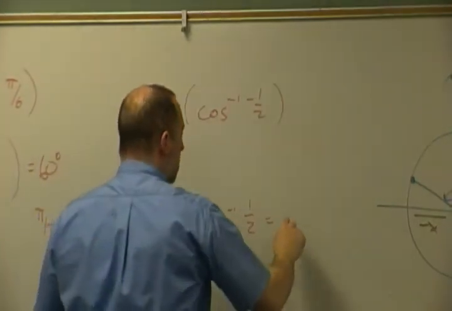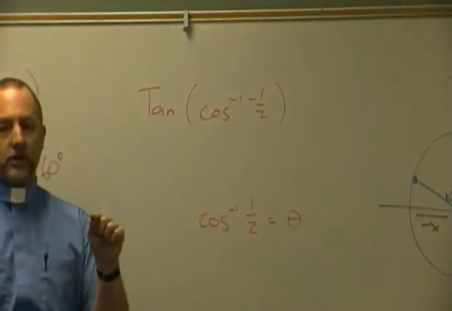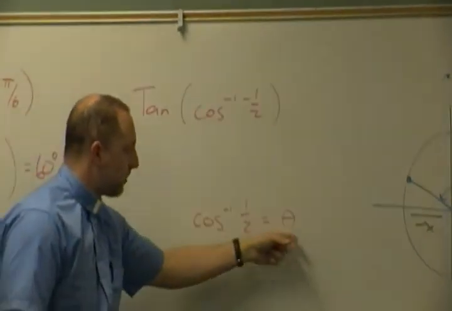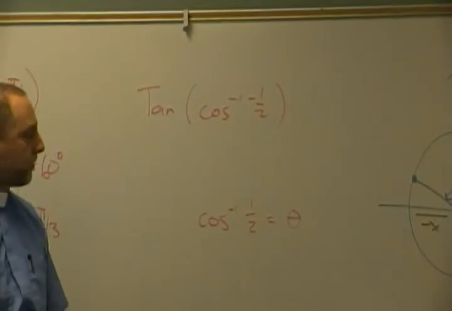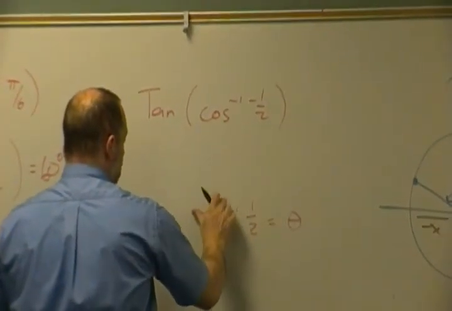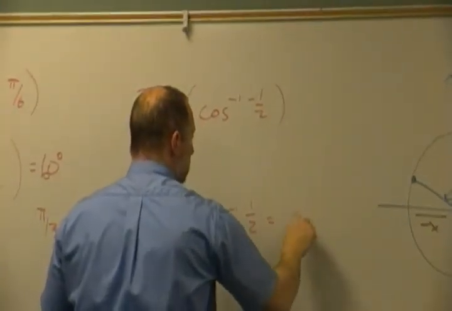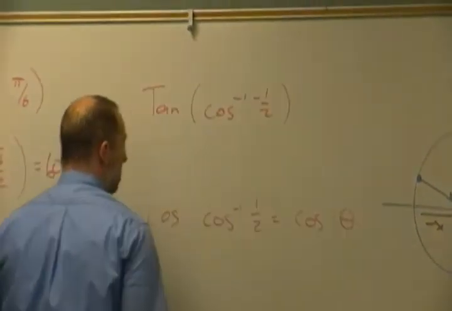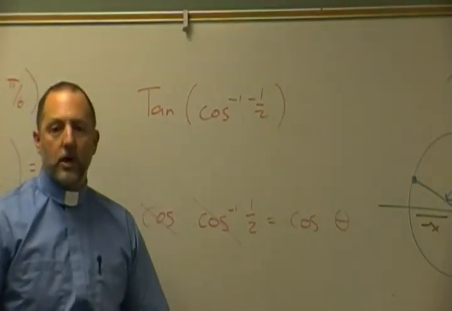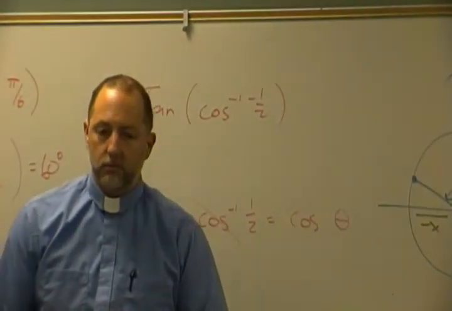I like to set it equal to theta because I always remember that inverse functions are angles, so I would expect my answer to be some kind of angle. If I'm having trouble remembering the value, I can apply cosine to both sides. These cancel. So another way of asking the same question is, when does cosine of theta equal a half?